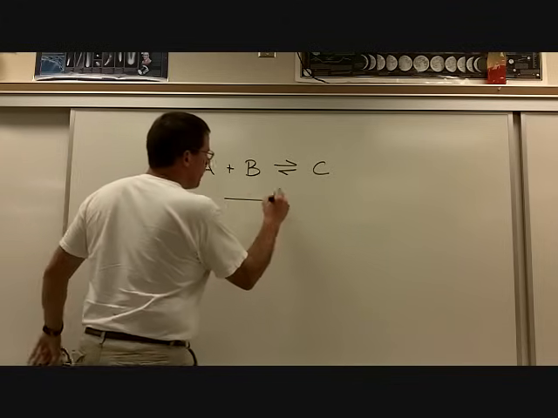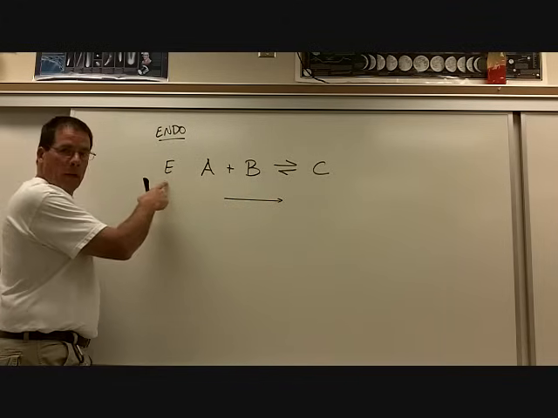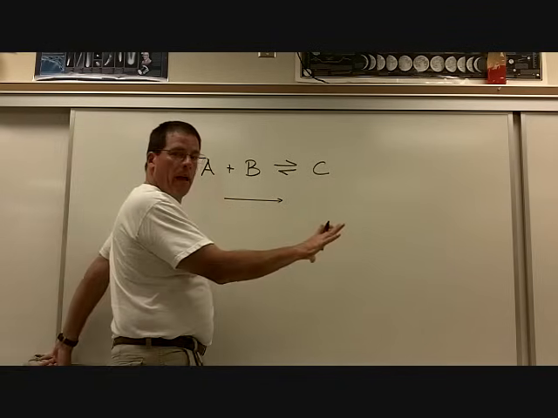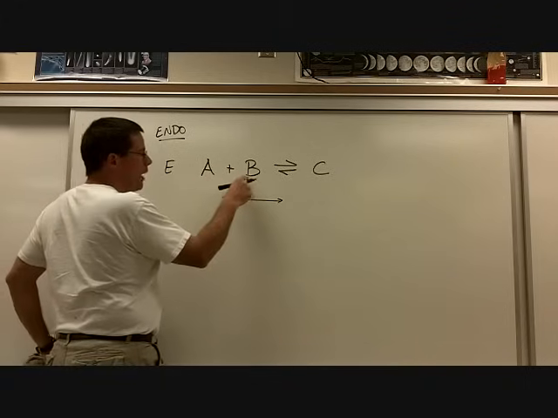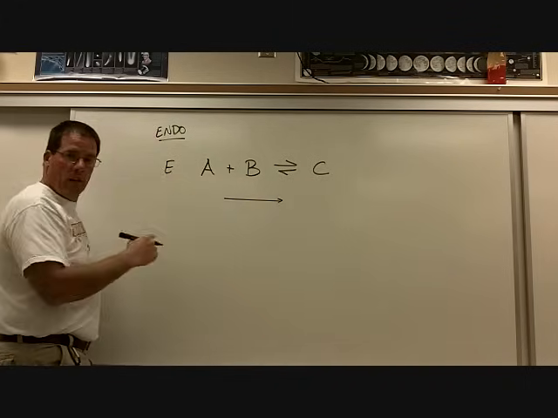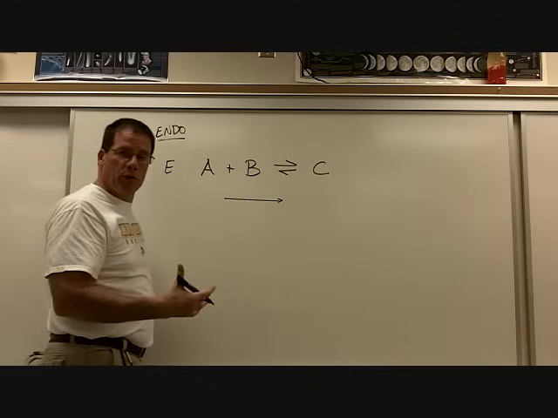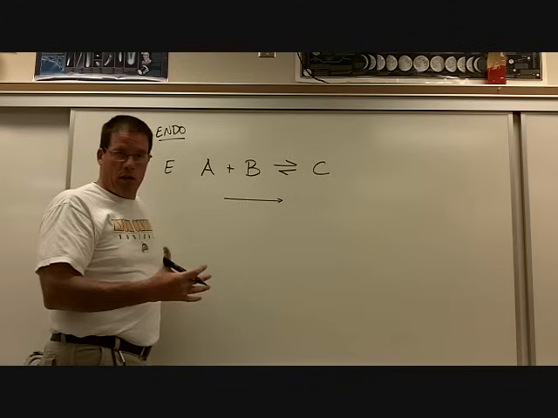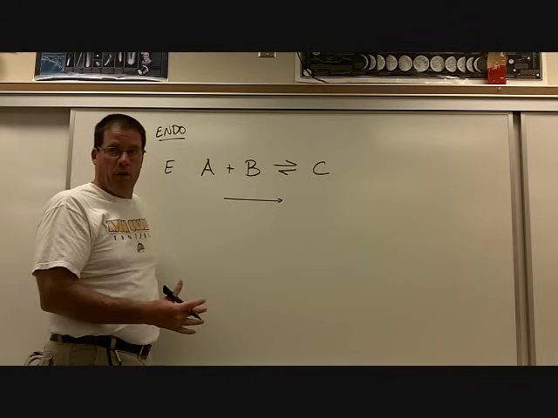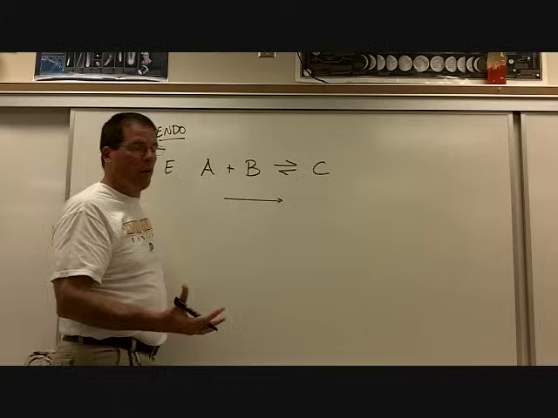So it's going to cause A and B to produce much, much more C and change that equilibrium. And remember that if the temperature changes, K changes. The equilibrium constant will change when the temperature changes, whether it's going higher or lower.